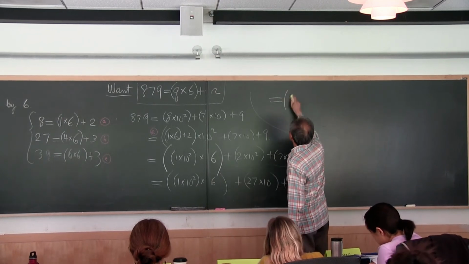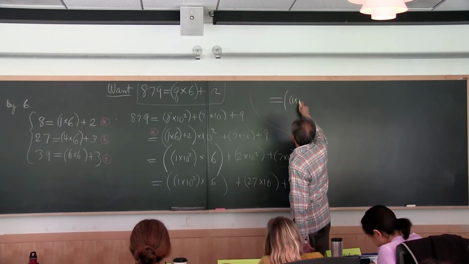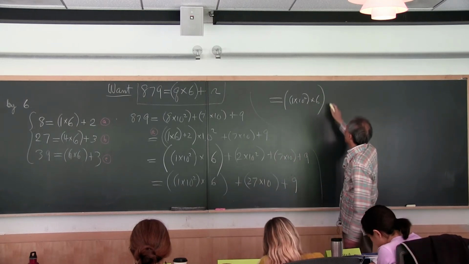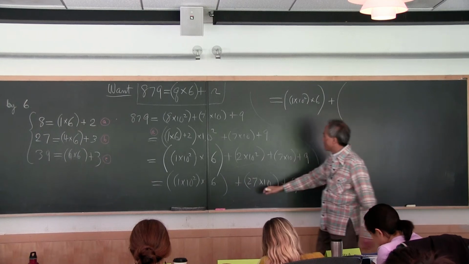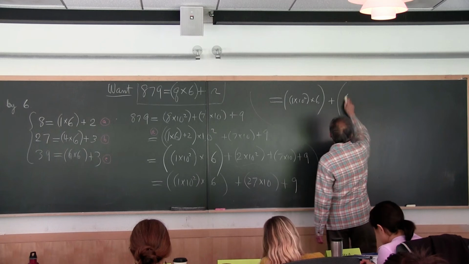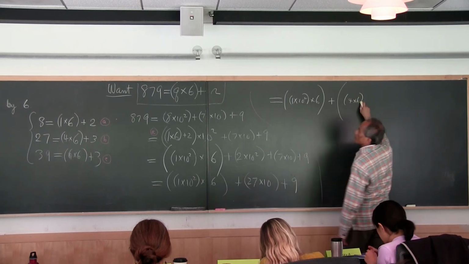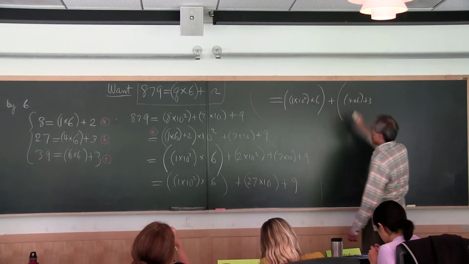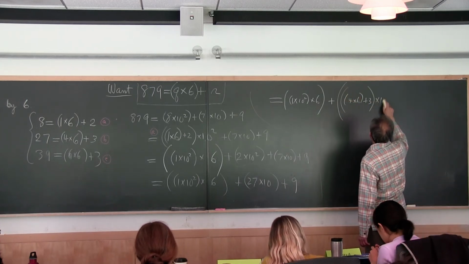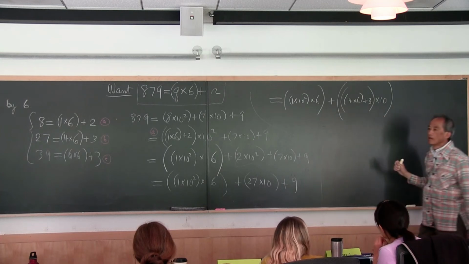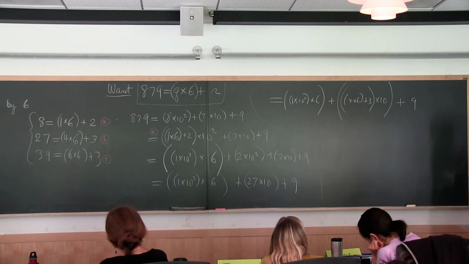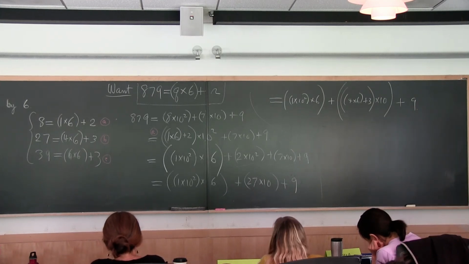That's it. There must be a better way now. But okay. 27 is equal to this, times 10, plus 9. Oh, sorry. So I'm using B here.